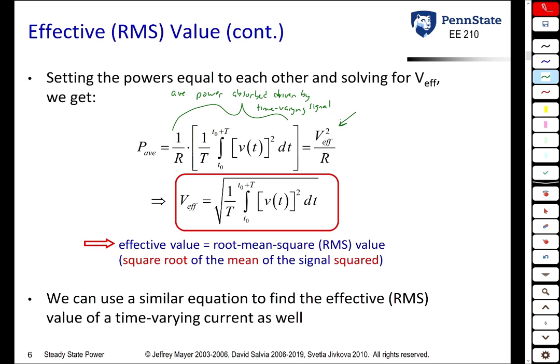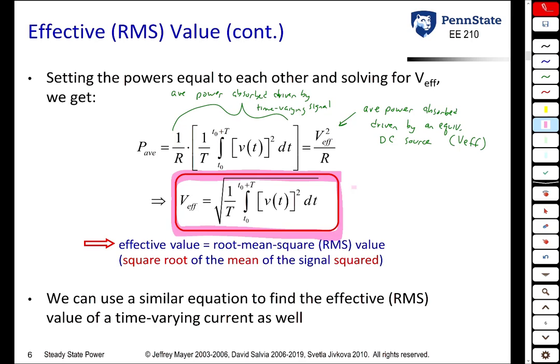This is the average power absorbed when driven by an equivalent DC source called V effective. We're going to set those powers equal to each other and solve for V effective, and we get this very important equation right here.